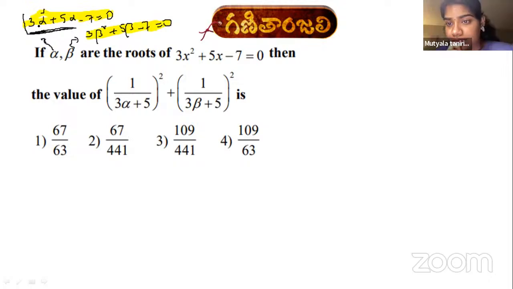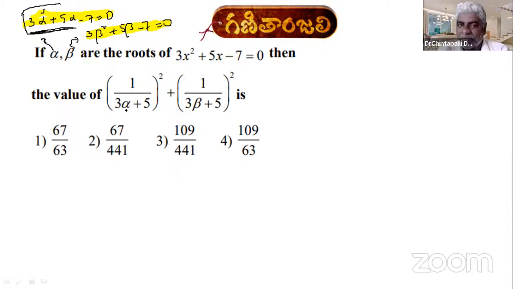Can you tell its option? 3 alpha squared plus 5 alpha is equal to 7, right? But we have only 3 alpha plus 5. How can we make 3 alpha plus 5 as 3 alpha squared plus 5 alpha? Not squaring.